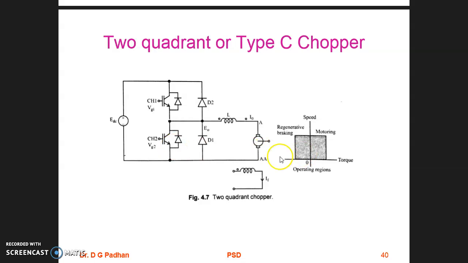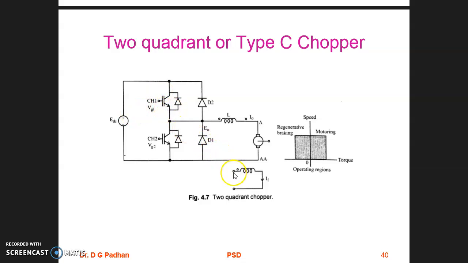For the second quadrant operation, chopper 2 and D2 perform the functions, and if the average load current I0 has a sufficiently large negative value, then chopper 1 and D1 do not conduct, even though chopper 1 receives gating signals.